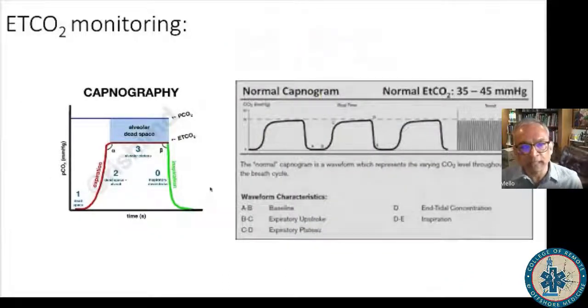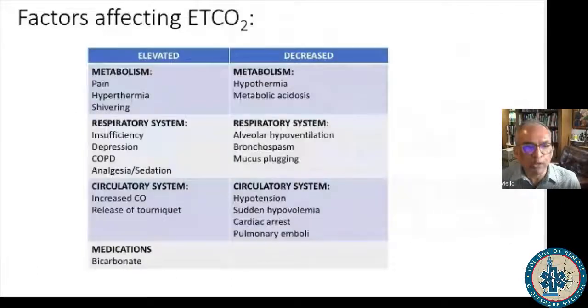Going back to the capnography, which is my preferred monitor, you can tell a lot from the shape of the waveform. And let's look at why the end tidal CO2 can be elevated or decreased. It'll be elevated if the metabolism increased, as in hyperthermia, when we discussed things like heat stroke or neuroleptic malignant syndrome, or if the patient's shivering or in pain, or if the respiratory tract is insufficient or is being depressed by opioids or sedatives, in chronic lung disease and the impact of analgesia and sedation.